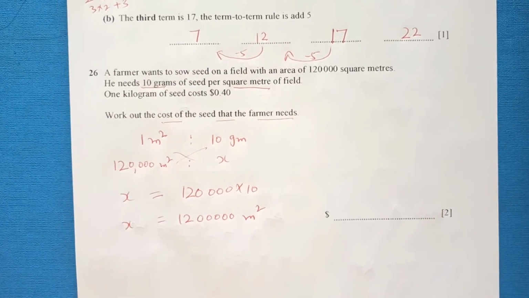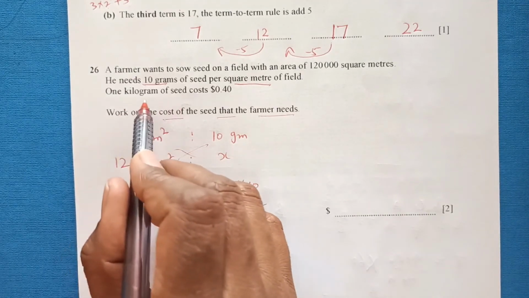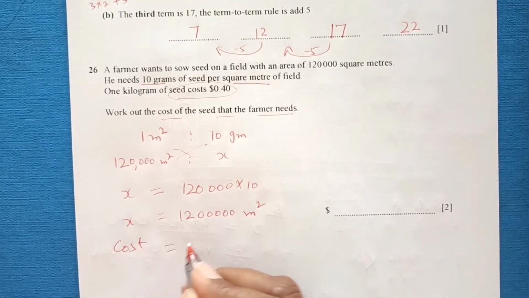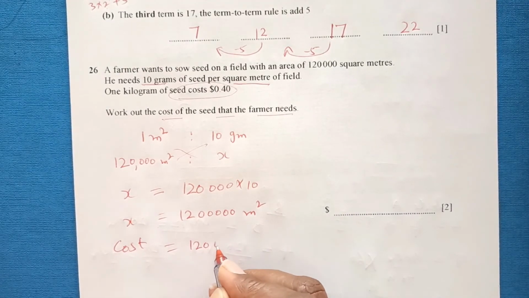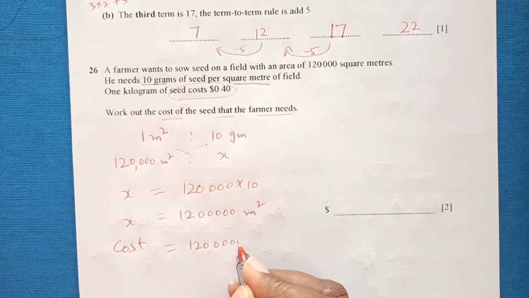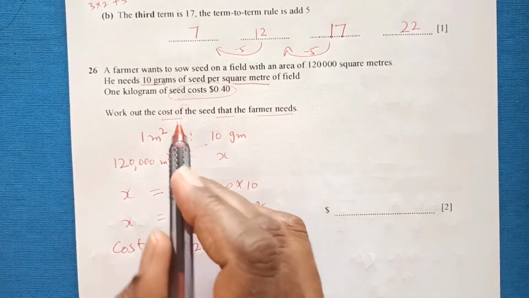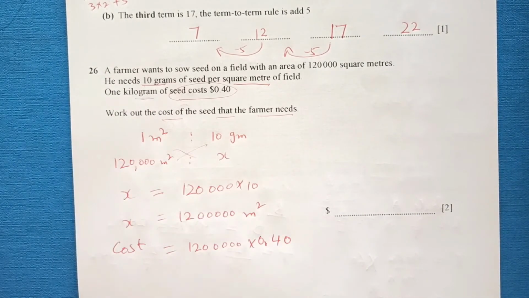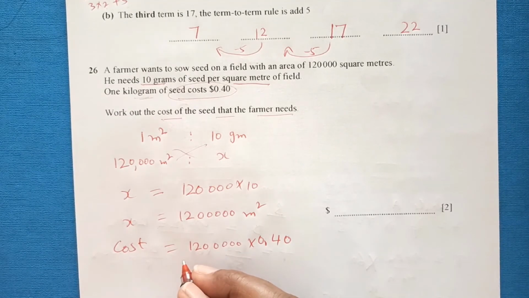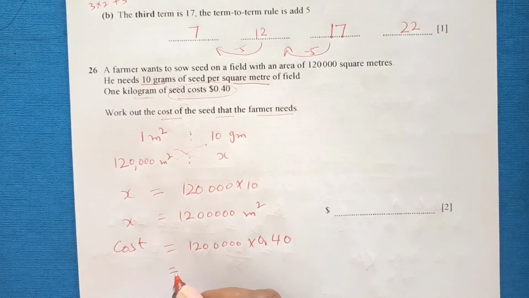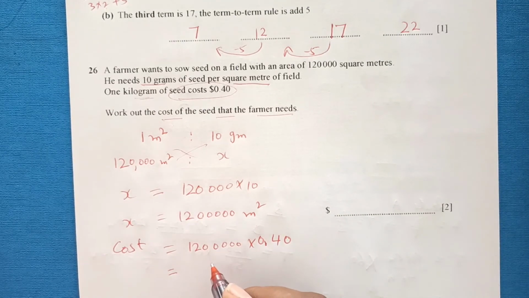So the cost of 1 kilogram of seed is 0.4. So the cost will be, this is the total area that we need, times 0.40. This is for 1 kilogram.